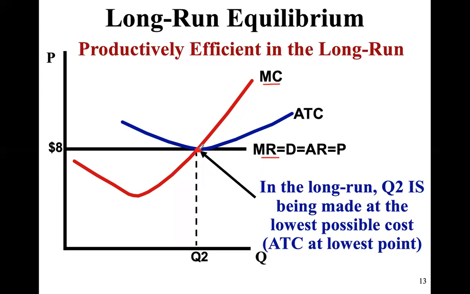We are productively efficient in the long run. Why? Because price equals our ATC, and our profit maximizing quantity is at the minimum ATC. So, to recap, in terms of productive efficiency, perfectly competitive firms are not productively efficient in the short run. However, they are productively efficient in the long run.